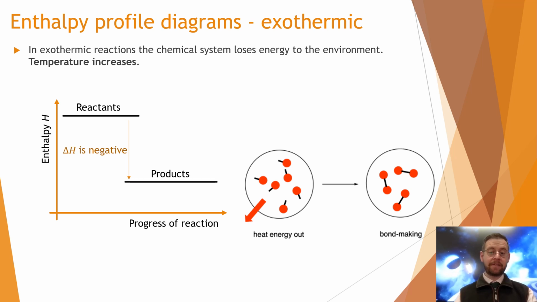In order for it to lose energy in the form of an exothermic reaction, the reactants have to decrease in energy as they become the products. The delta H, the change in enthalpy, is negative. And the difference in the enthalpy between the reactants and the products is how much energy is released via the heating that comes out of this exothermic reaction.